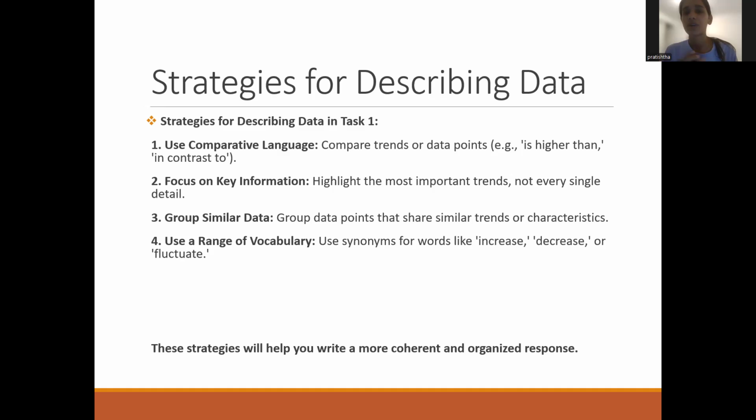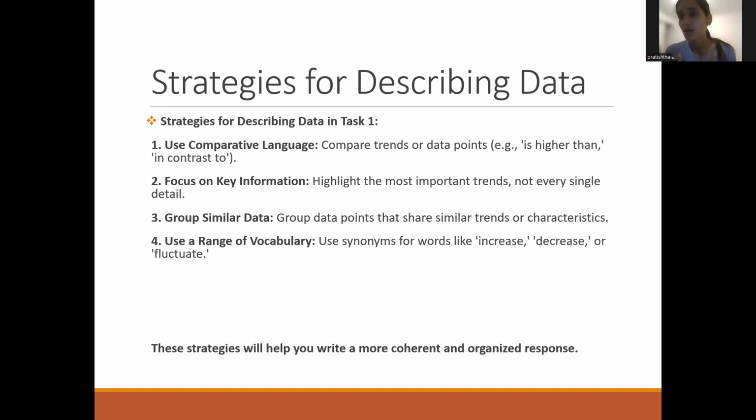You need to group data points that share similar trends or characteristics. So in a data graph, you will have a lot of things that might look similar. So what you need to do is group those points together. For example, if housing is similar, right? You need to put all those housing components together along with something else. For example, housing and utilities, or maybe housing and the convenience stores, something that's related to housing, or maybe a family or something like that, right?